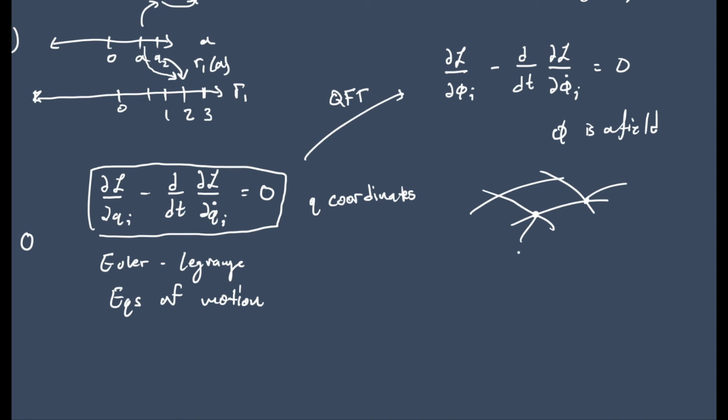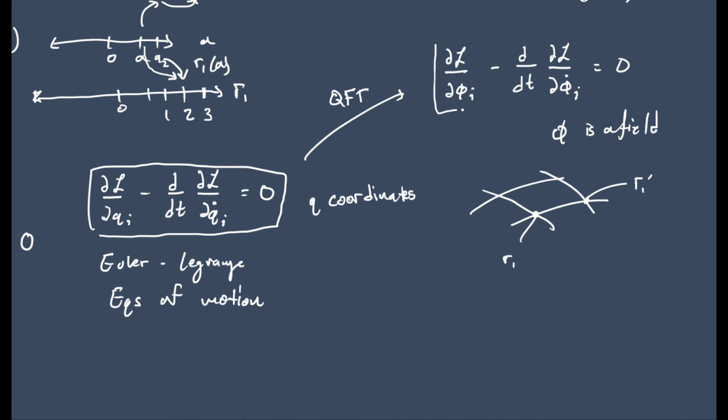So here's a spatial coordinate x, and phi_1 has some value here, and it might have a different value right here.